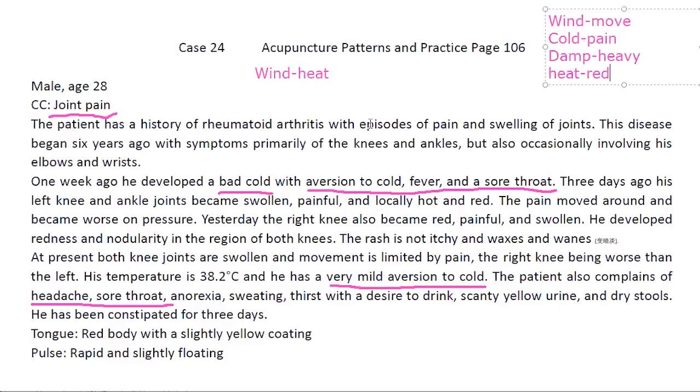So we only see swollen here, swollen here, but we didn't see other signs. But this kind of swelling, if we're talking about Bi for this one, should go to heat Bi. Yeah, it becomes swollen, and they have some heat signs.